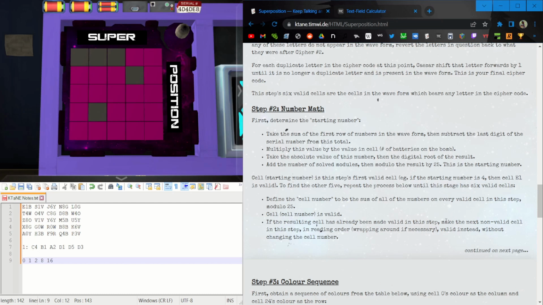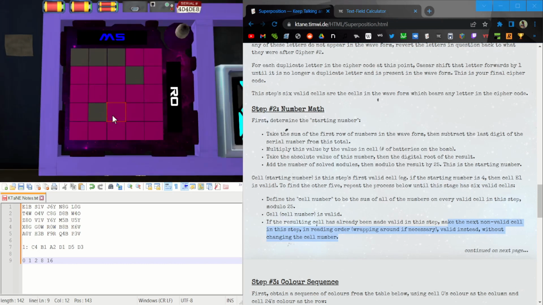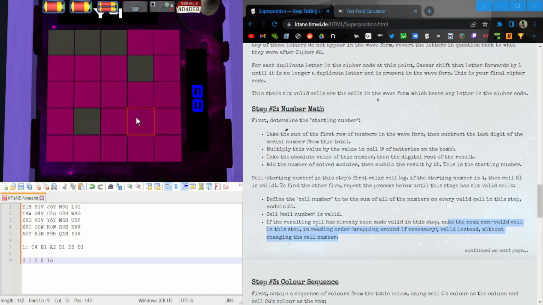If it's already made valid, make the next non-valid in the step without changing the cell number. So in this case, if I were to get this earlier, or there was another one, this is actually not the best example since it's 0. But if this were like 2 for something and the cell was already taken, I would go to the next one, but I would still use the value of whatever was in here.